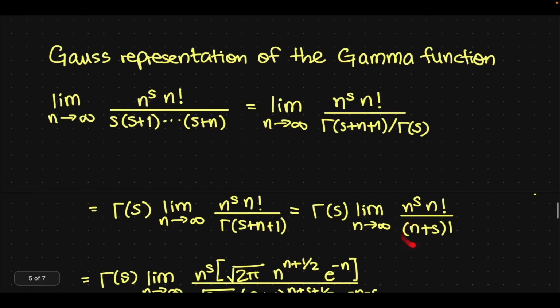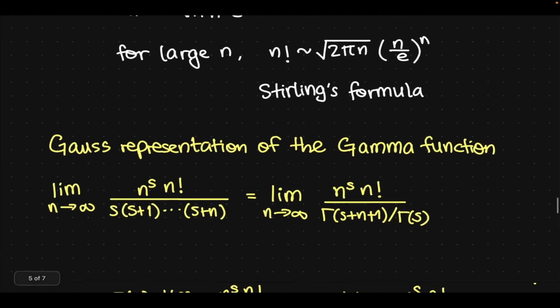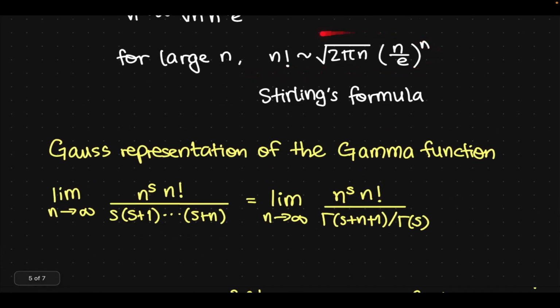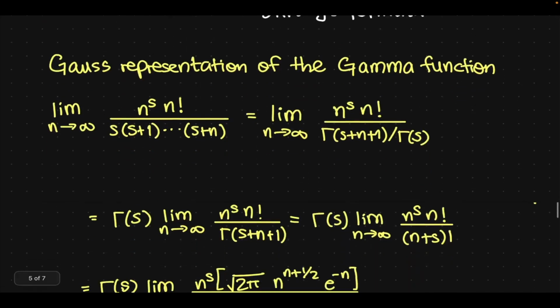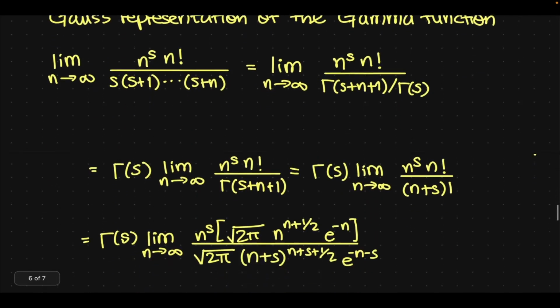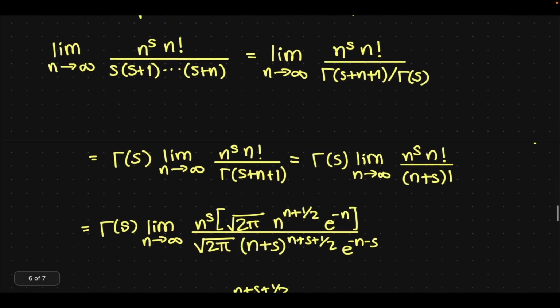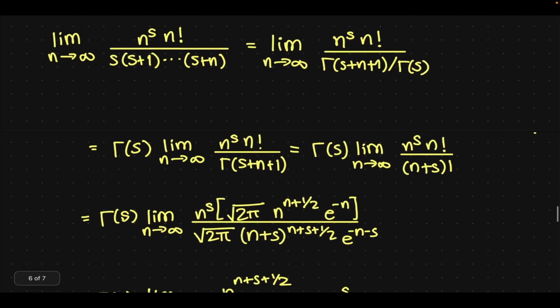Now once we see a factorial in the denominator, our eyes should light up with joy, because we have exactly the kind of treatment we need for the factorial as n is large, because of course we're taking the limit here, n is large. Stirling's formula can be applied in this case, and we can use the Stirling's formula in the numerator and the denominator.